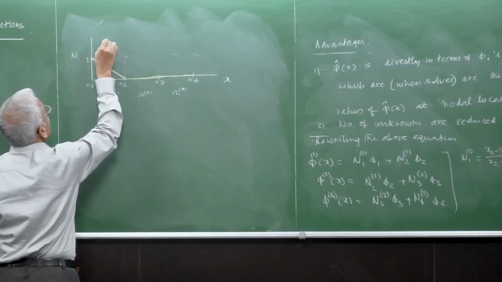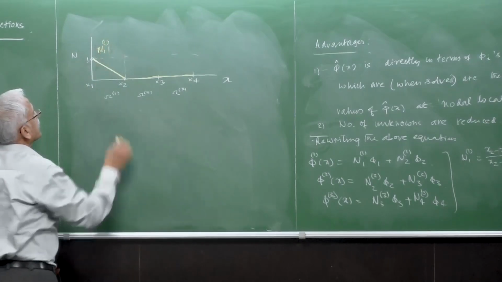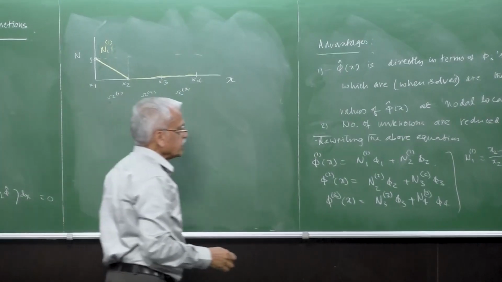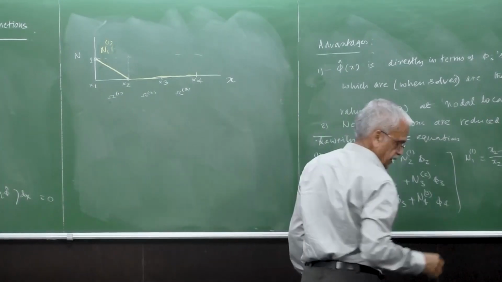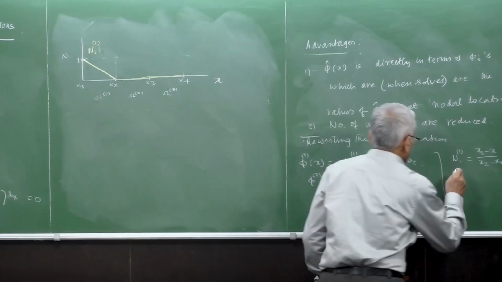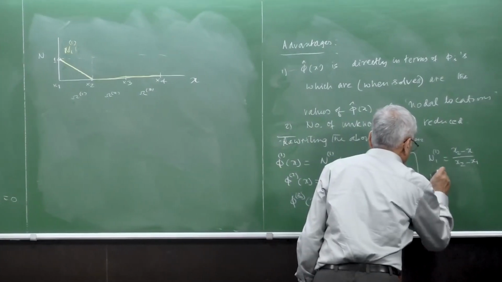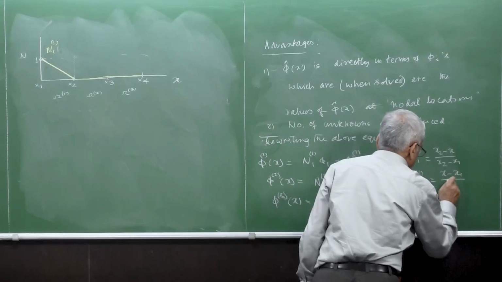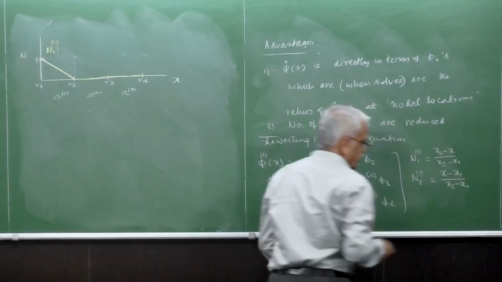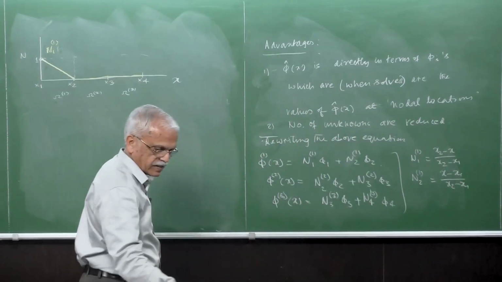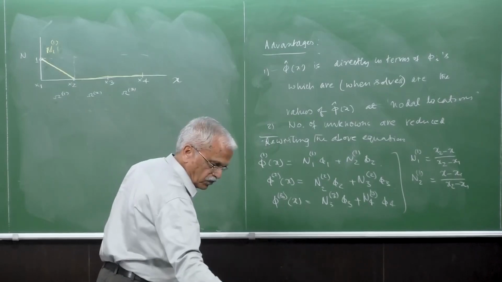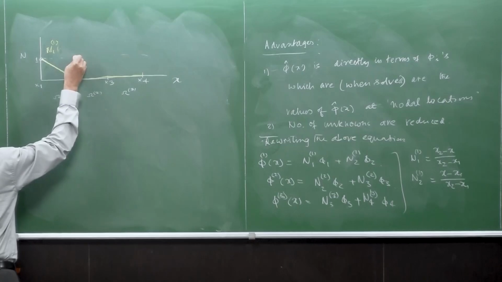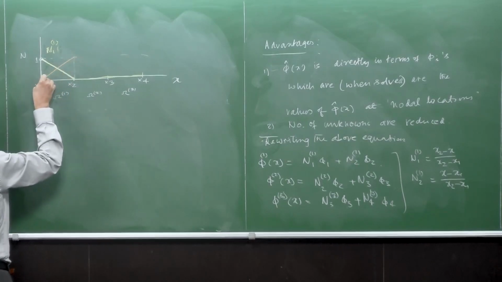N1 belongs to zone 1 only, right? So this is N1. What about this N2? Similarly, the N2 expression of zone 1 is x minus x1 divided by x2 minus x1. So that means that this N2 will have an expression like this.